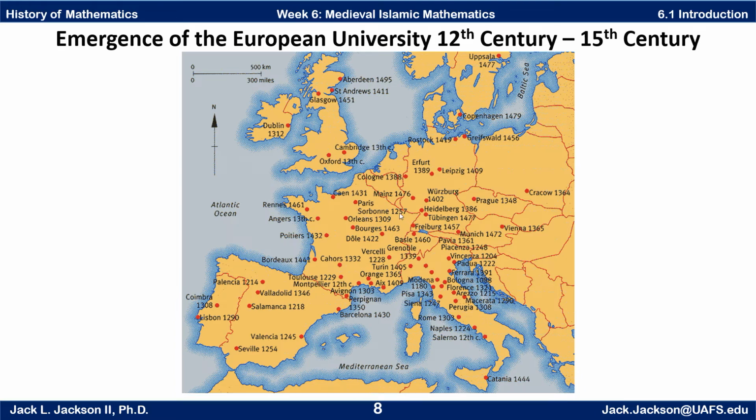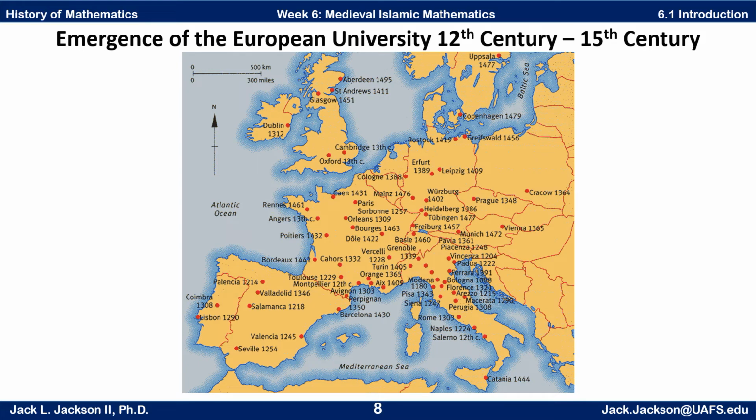Paris, 1257. Vienna, 1365. Leipzig, 1409, and so forth. So you have different European universities coming online in those days. And of course, the European universities will ultimately be the center of learning in the Renaissance.